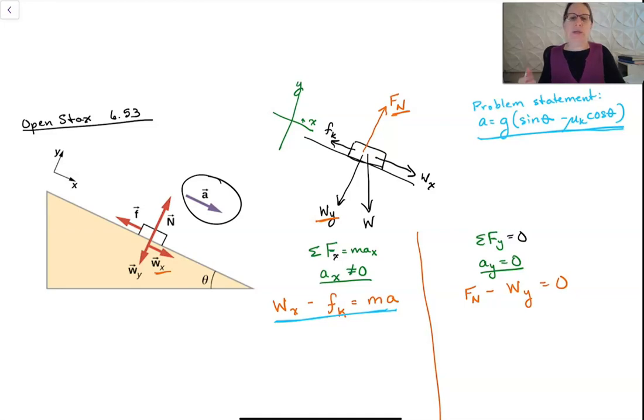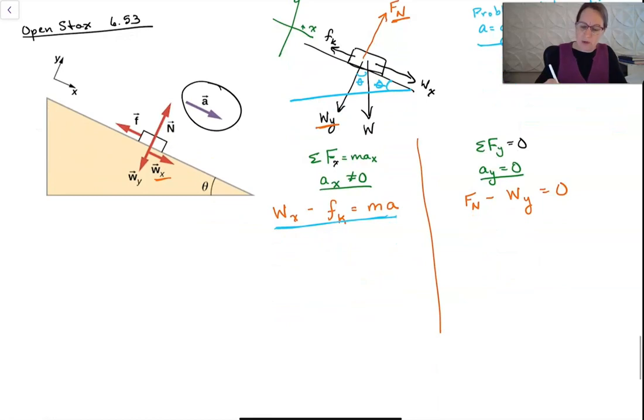The first thing we see is that we've got an angle in here, our angle theta. As we look at this, we notice that this is also our angle theta. If we redraw it one more time, I have weight down this way, I have the x component and the y component.